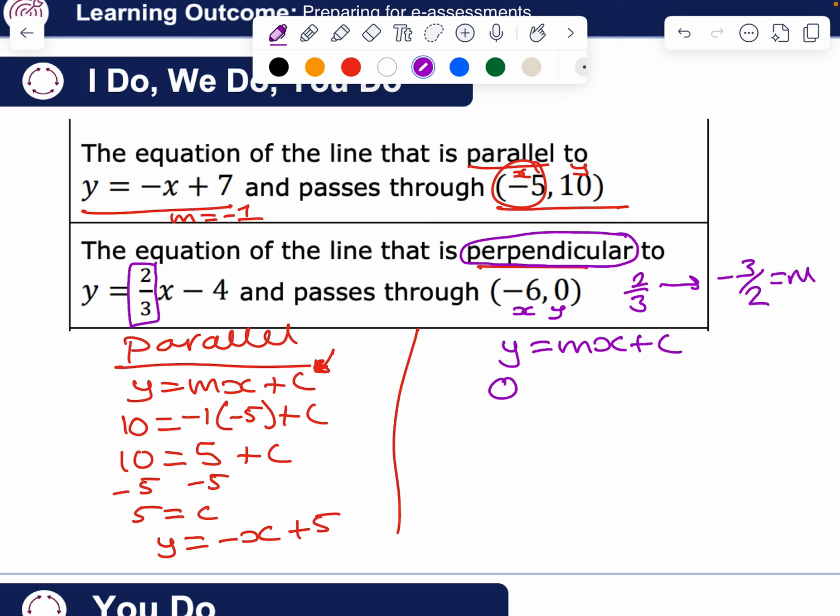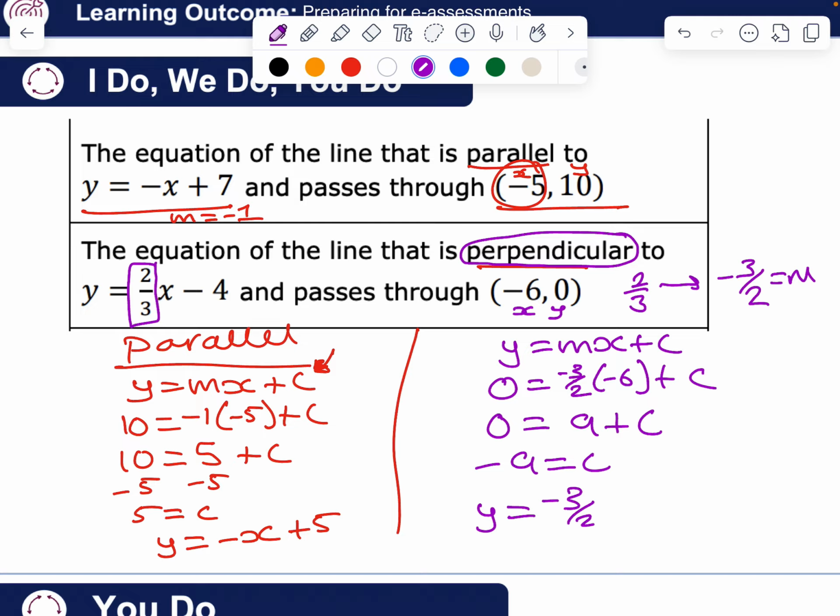So 0, because that's y, equals negative 3 over 2, x is negative 6, plus c. So negative 3 times negative 6 is 18. Divide that by 2 is going to get me 9. So that means negative 9 is c. So y equals negative 3 over 2 x minus 9. And that's how you do perpendicular lines. Okay, so go and do the worksheet that is on Google Classroom.